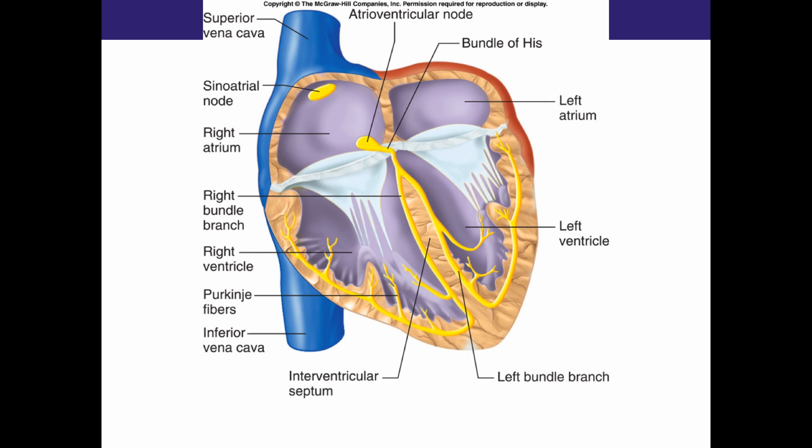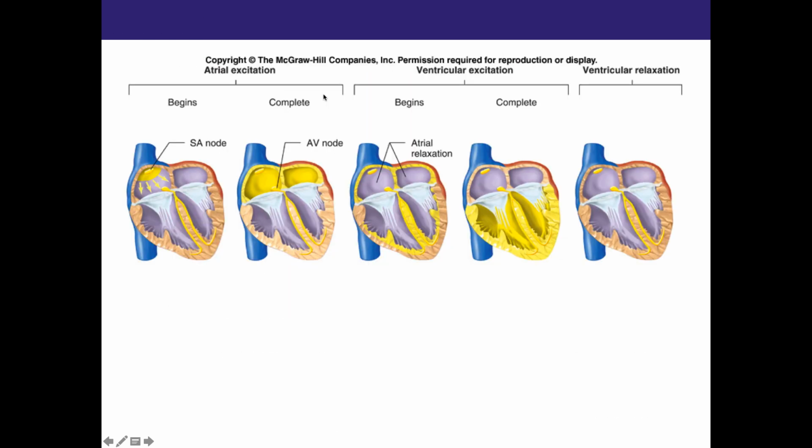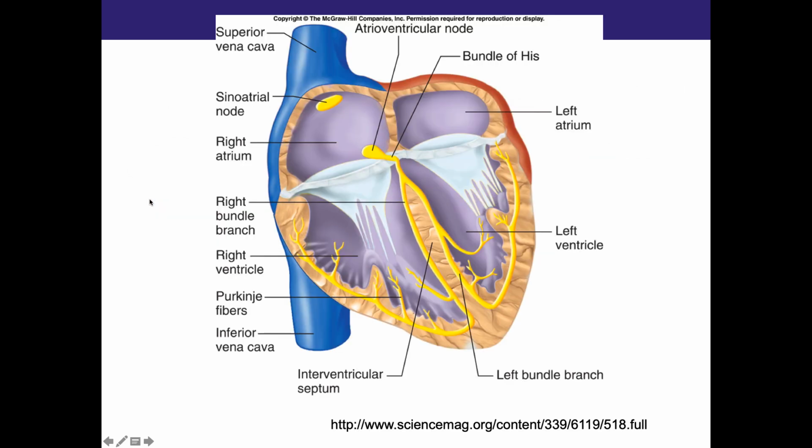And the only reason why the SA node is the pacemaker is because it depolarizes the fastest. That's the only reason. And so that depolarization wave propagates from the SA node to both atria, and then it arrives at the AV node, the atrioventricular node, where the signal slows down.